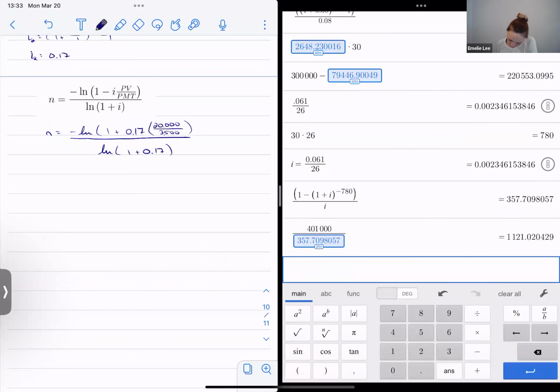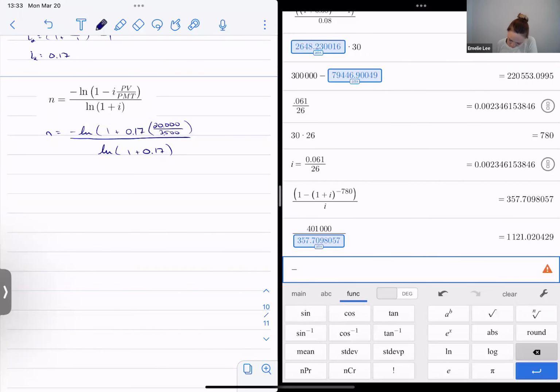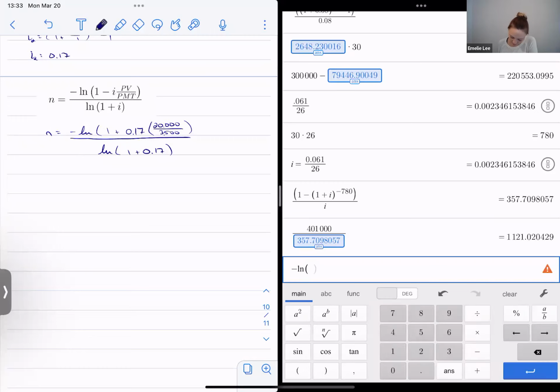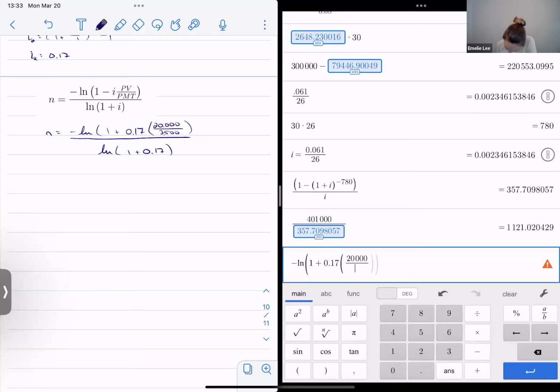So I have the negative natural log. I'm just going to try to type it in as it appears, being really careful. 1 plus 0.17, bracket 20,000 divided by 3,500.